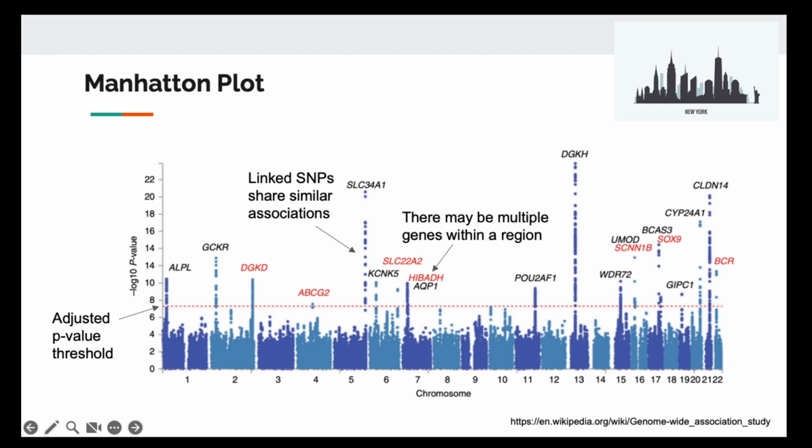You only know that this region is associated. The reason you see many dots for each gene or each region is that there are many SNPs linked together, so all of them show up and all of them pass the ANOVA test together. So you have a lot of dots from each genomic region.